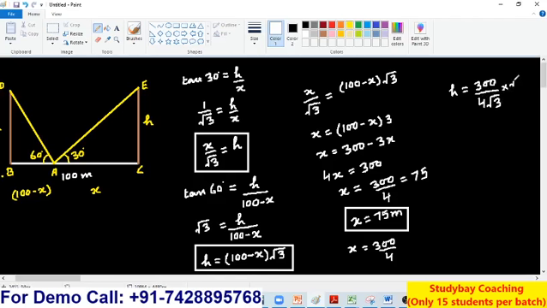Here we have root 3 upon root 3, so this will be equal to 300 root 3 upon 4 into 3. Now this will be cancelled out as 100, so this will be equal to 100 root 3 upon 4.